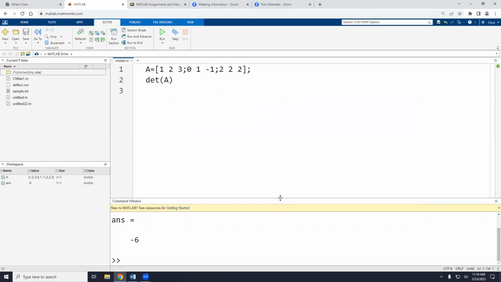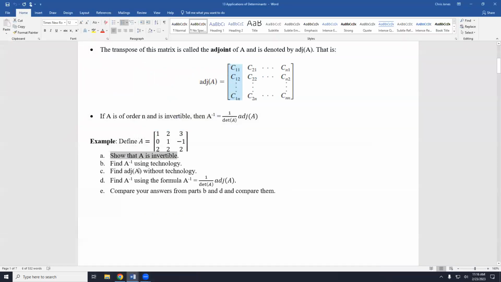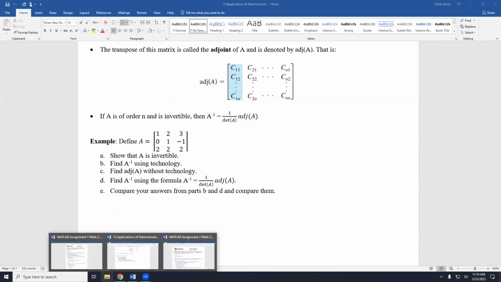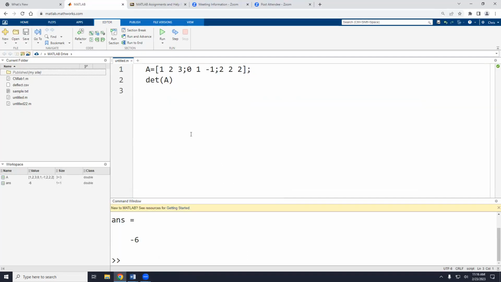All right. So now that we know it's invertible, we can use technology to get the inverse. Remember the second part of this, find A minus 1 using technology. So I'm just going to go into MATLAB and say A raised to -1, capital A. That would be helpful.